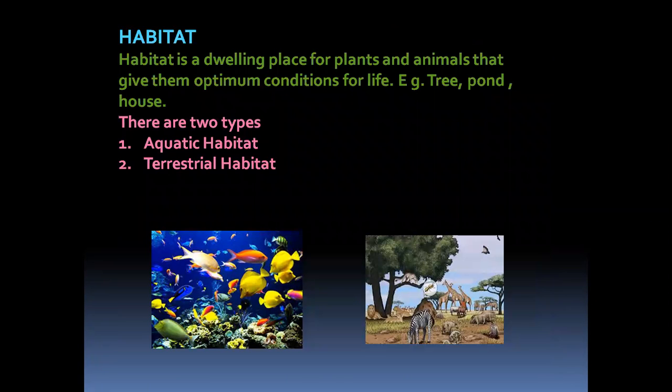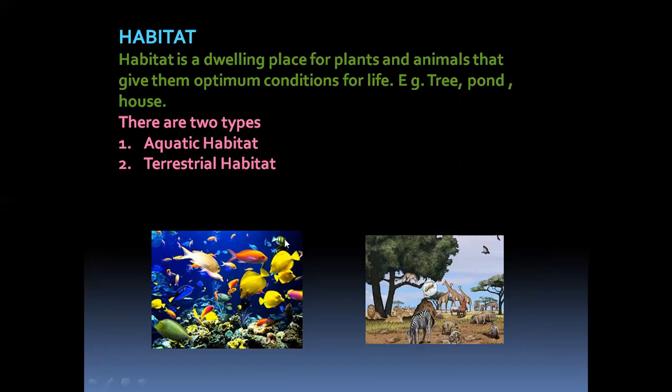Habitat. So let us learn what is a habitat. Habitat is a dwelling place for plants and animals that gives them optimum conditions for life. Example: tree, pond, house. There are two types of habitat: aquatic habitat and terrestrial habitat.